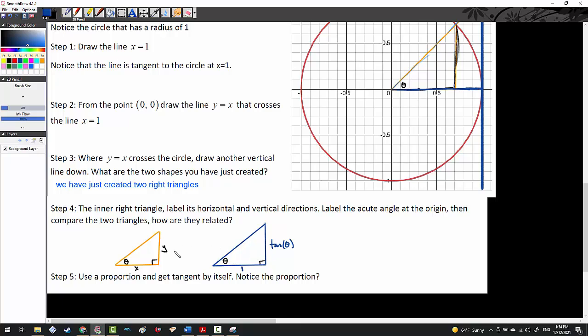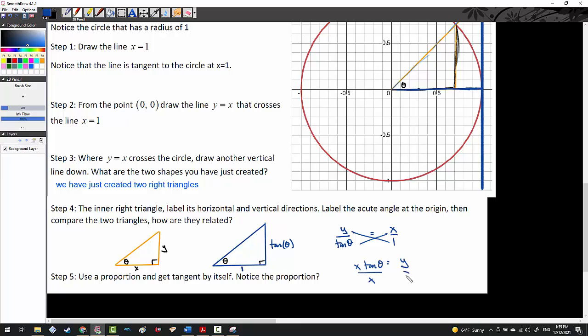Now at this point, I'm hoping you guys can see the relationship between the two triangles and that they are similar. So I'll write y over tan theta, right? Vertical side to vertical side is equal to x over 1. If I cross multiply those, I get x times tangent of theta equals y.